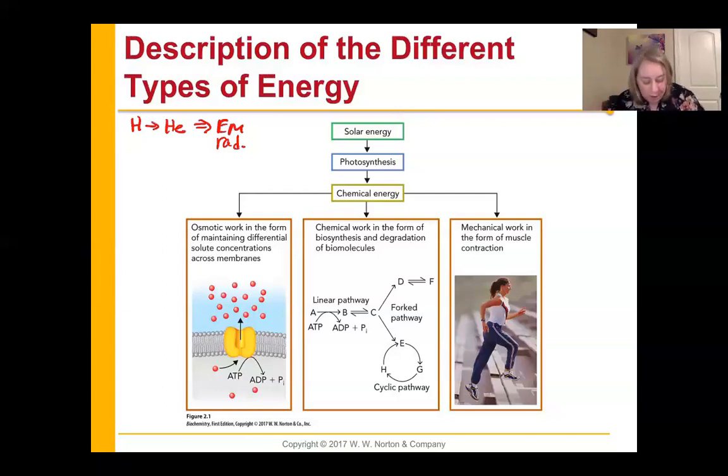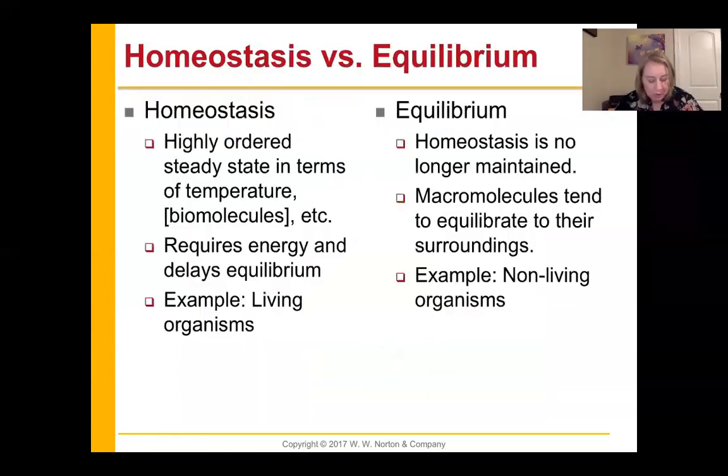That's what solar energy is. Then we have plants that are taking that solar energy and using photosynthesis and creating chemical energy. We can then take that chemical energy that the plants have made, and we can do osmotic work, chemical work, and mechanical work. Okay, so we're going to talk about each of those different ones.